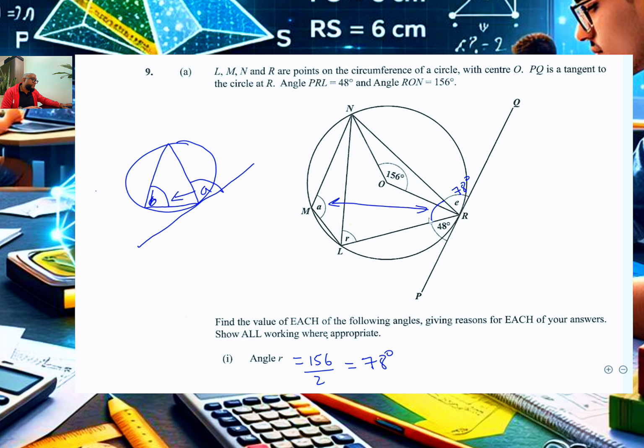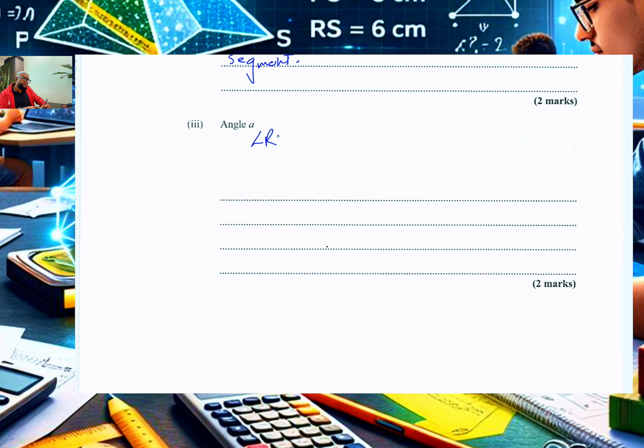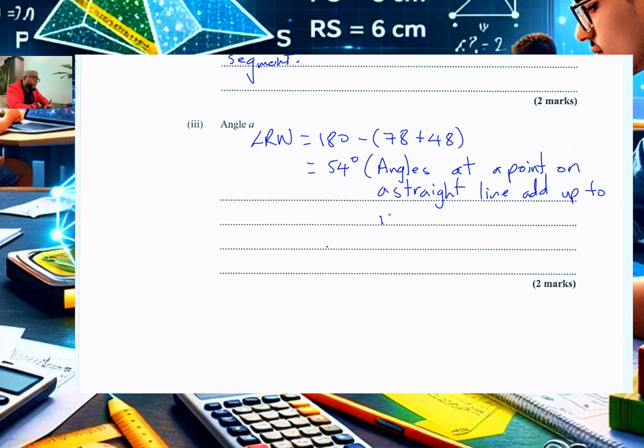So I'm first going to put the blue angle is equal to 180 minus what was 78 plus 48 degrees, angles at a point on a straight line add up to 180 degrees, right? So now we need to find A. So therefore, A would be equal to 180 minus 54 degrees. And how much are you getting here? 126.